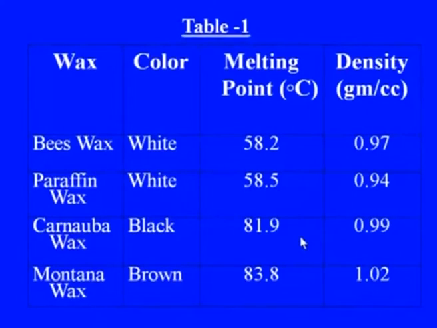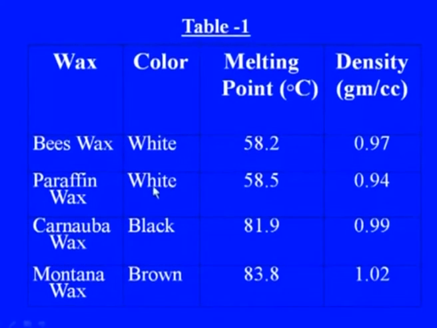This table shows different waxes used in this process. These are the most widely used waxes, namely beeswax, whose appearance is white and melting point is 58.2 degrees Celsius, which gives a density of 0.97 gram per cubic centimeter.